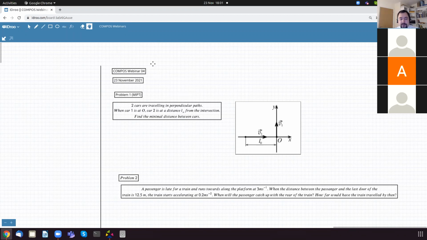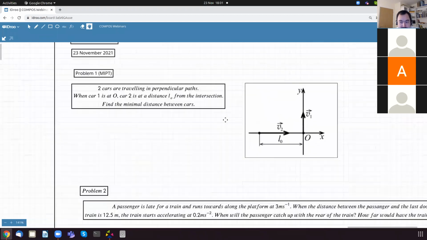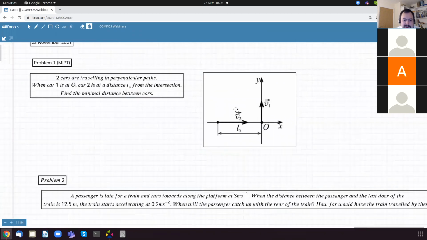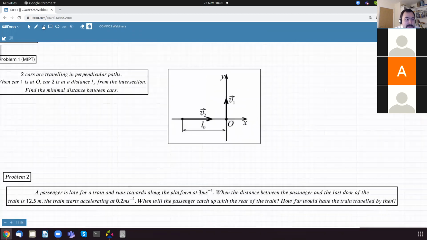You have two roads intersecting at right angles, and when car 1 is at O, the point of the intersection, car 2 is a distance L0 away. Find the minimal distance between the cars. So let's say t seconds have passed.